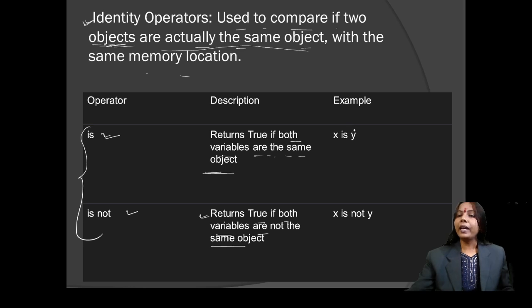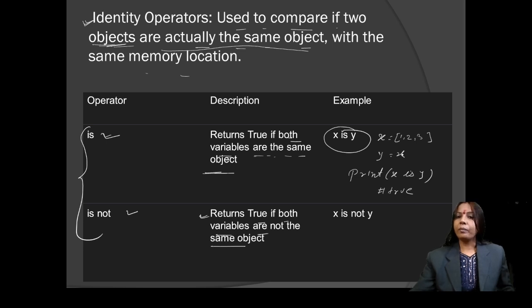For example, x is y will provide true. Suppose you have a list 1, 2, 3 and y equal to x. If you use the is operator like print x is y, this provides a true result.